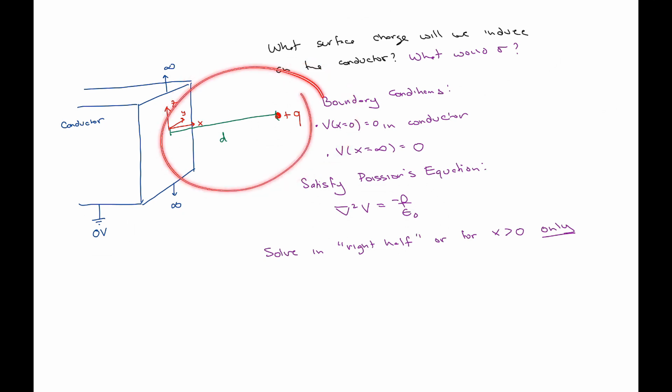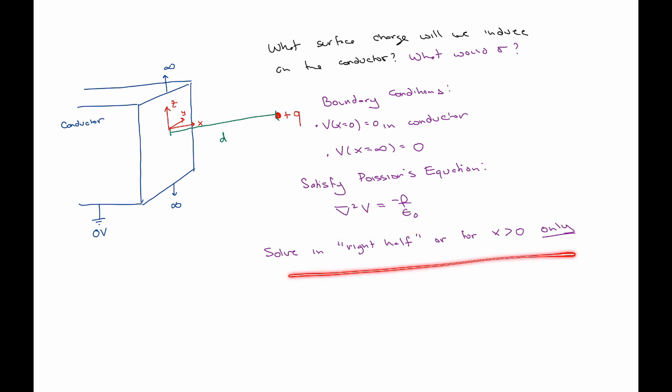You guys will see I'm going to put fake charges in the space where x is negative. So this is only going to be true where there's real charges, no fake charges. So I can only solve it in the right half of my picture here. But that's the only place that I really care about where the potential is anyways.